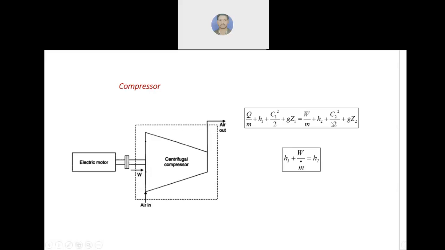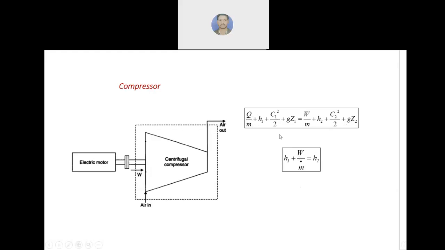But if in the question velocity is given, or any data is given to calculate the velocity, at that time you are not supposed to neglect anything. In the question, heat transfer can also be given. So at that time, you should not neglect the heat transfer. If nothing is given for simplifying, in that case you can take these other things as 0.